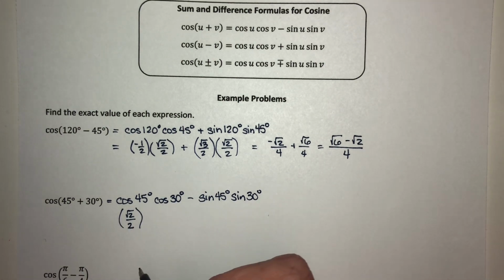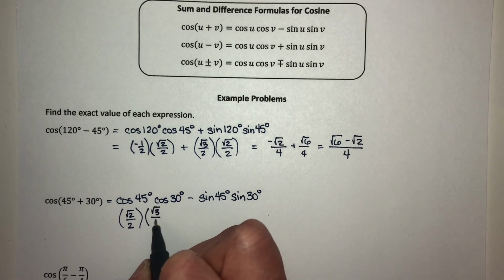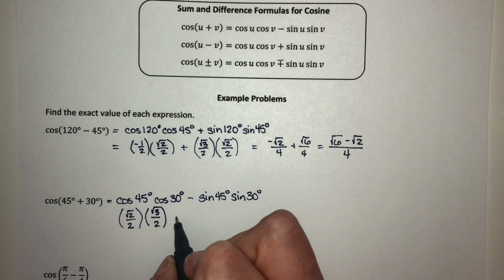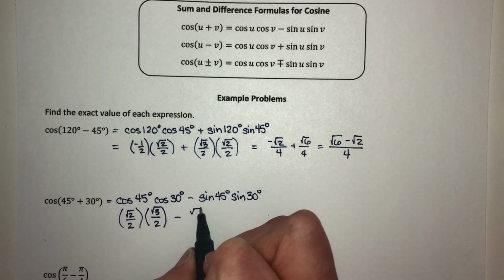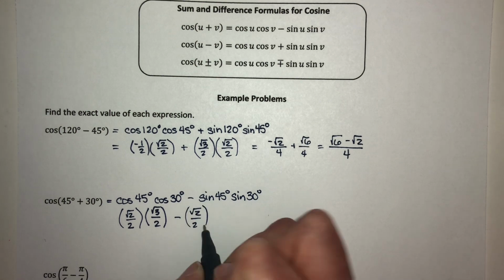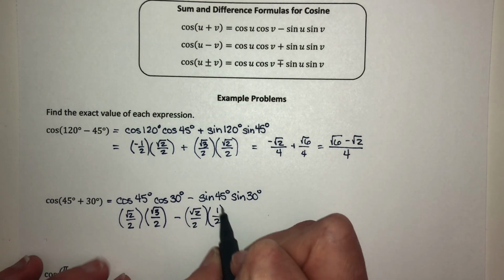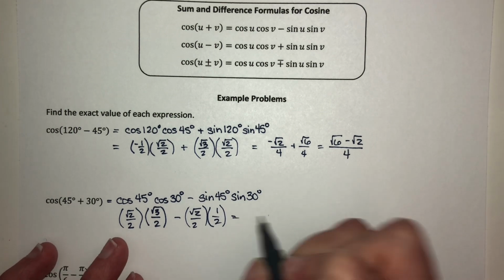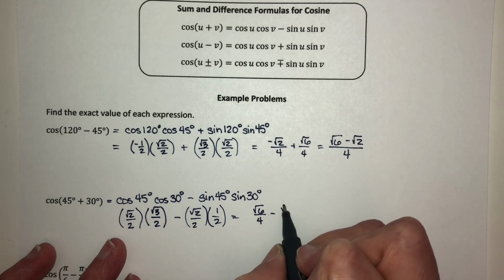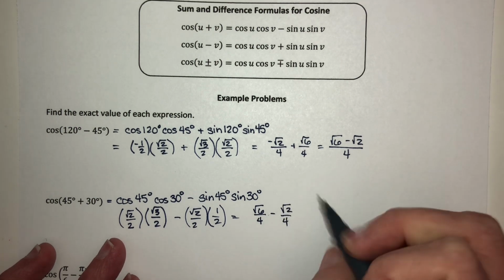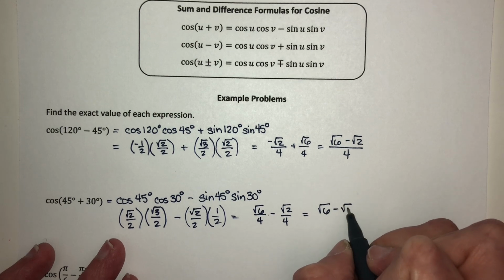Cosine of 30 degrees is square root 3 over 2. Minus sine of 45 degrees is square root 2 over 2. And sine of 30 degrees is 1/2. Multiply, you get the square root of 6 over 4 minus the square root of 2 over 4. So we do get the same answer when we combine into one fraction.